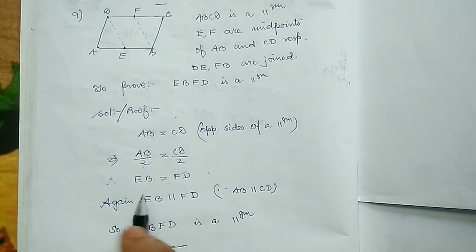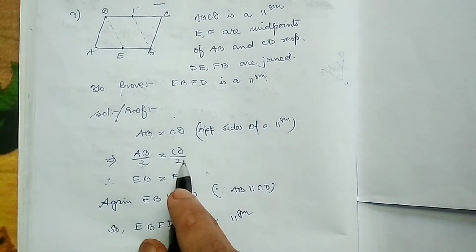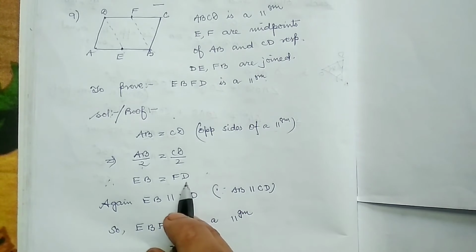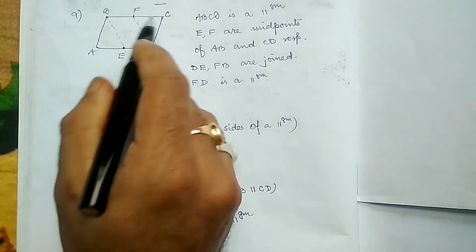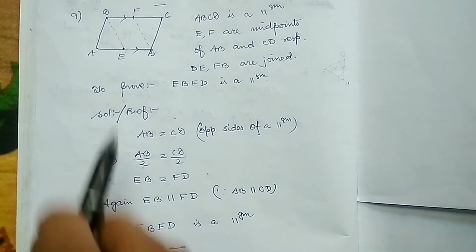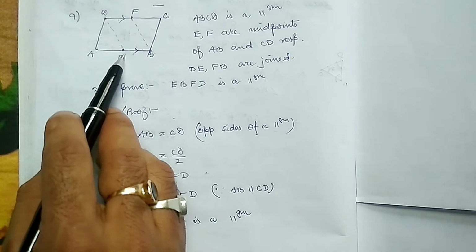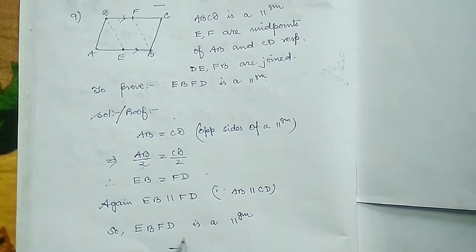So instead of AB by 2 we have written EB, and instead of CD by 2 we have written FD. Now again, since this is a parallelogram, these two sides are parallel and these two sides are equal. Therefore EBFD is a parallelogram.